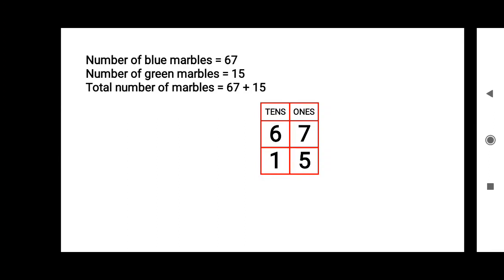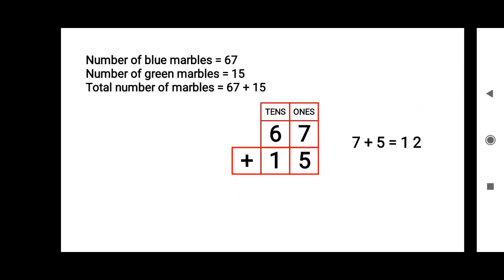So as you can see here, we have in the ones place 7 and 5. So keep 7 in your mind and take out 5 fingers. Let's count forward. That is 8, 9, 10, 11 and 12. So 7 plus 5 equals 12.